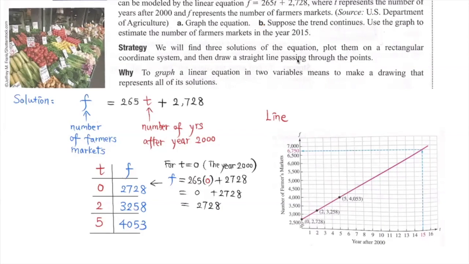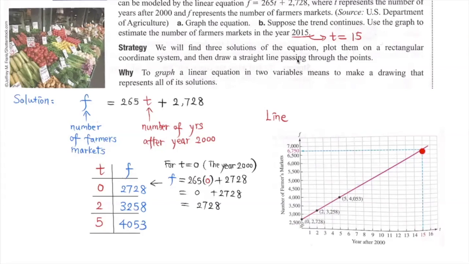Now, part B: suppose the trend continues. Use the graph to estimate the number of farmers markets in the year 2015. Well, the year 2015 corresponds to T equal to what number? T is equal to 15, right? So we locate 15 here, which is 15 years after the year 2000, and we go up and hit the graph.